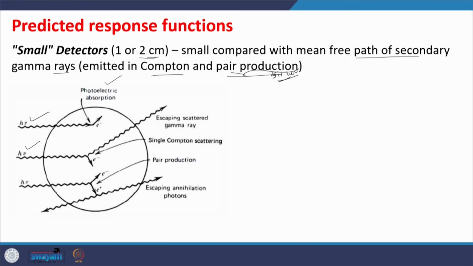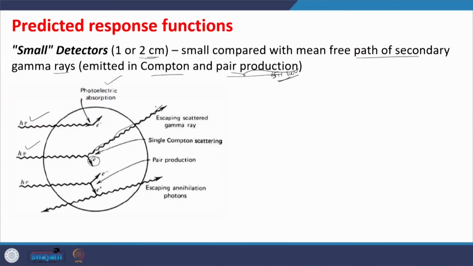Here you have the recoil electron and this gamma is escaping from the crystal. If the same gamma undergoes pair production, you have an electron and a positron, and this emits 511 keV gamma rays in both directions. This we are calling escaping annihilation photons.